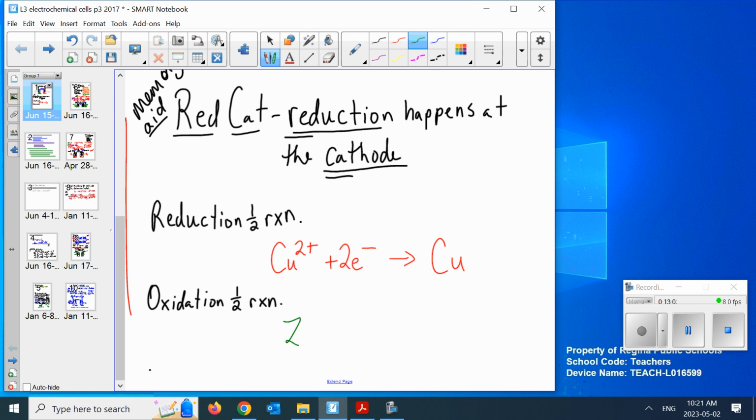So we have zinc being eaten away as the ions go into solution. Hey, this is a pretty easy reaction to add up, eh? Oh, 2e negatives. Oh, right. Oh, yeah.